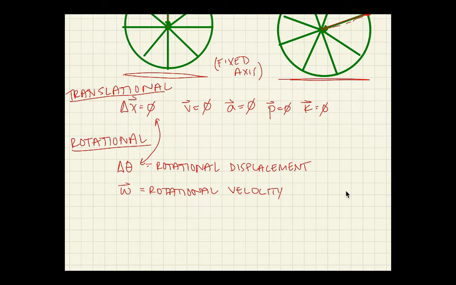So this could be rotational displacement or angular displacement, rotational velocity or angular velocity. Similarly, there would be a rotational analog of acceleration. That would be alpha. Kind of looks like an A, not an A. Also not a Jesus fish. So that's alpha. That would be rotational acceleration.